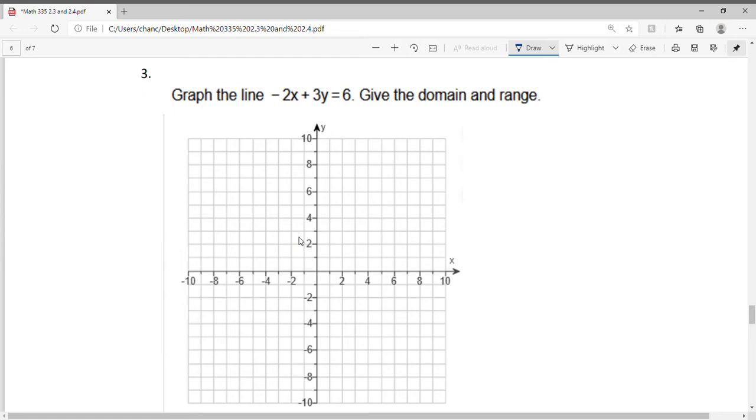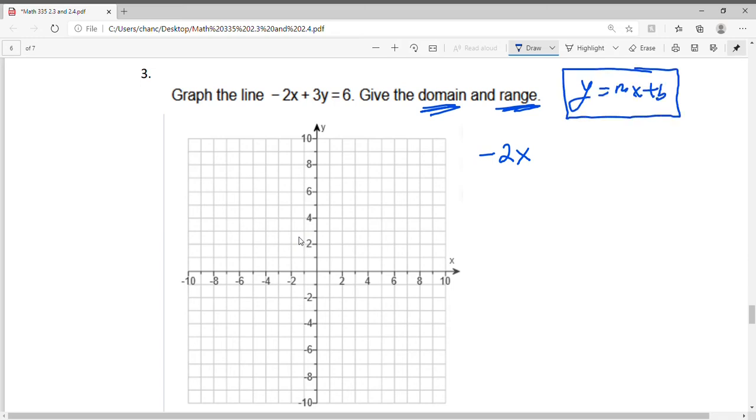In question 3, let's graph the line -2x plus 3y equals 6. And again, state the domain and range. Now for this problem, it's not written in y equals mx plus b form, so let's rewrite it so it's in this form. The first step is to add 2x to both sides.